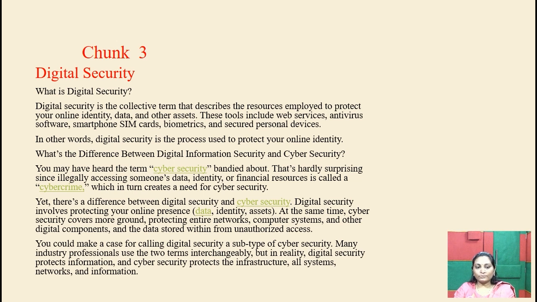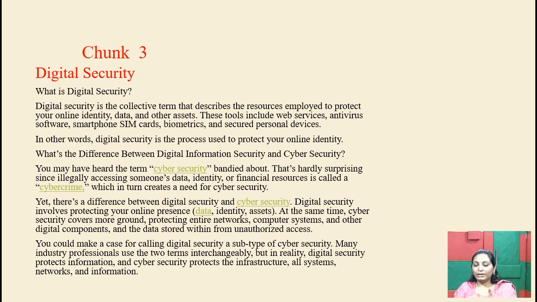You could make a case for calling digital security a subtype of cyber security. Cyber security is not a subtype; digital security is the subtype of cyber security. Many industry professionals use the two terms interchangeably, but in reality, digital security protects information and cyber security protects the infrastructure: all systems, networks and information.